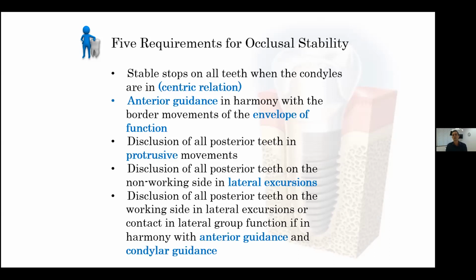Contacts on the non-working side during function are some of the most destructive forces that we can get in a person's mouth. And then lastly, we want immediate disclusion of the posterior teeth on the working side, if we possibly can. But in some instances where we have to compromise, we will accept a lateral group function, but then that must be in harmony with anterior guidance and condylar guidance.